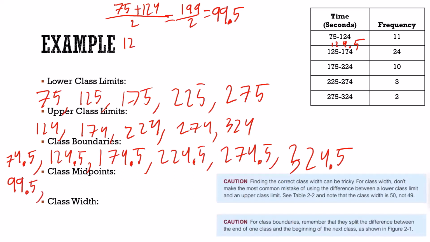Next one you would do 125 plus 174. That is 299 over 2, which is 149.5.